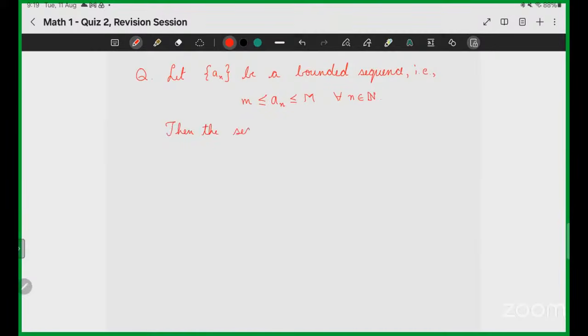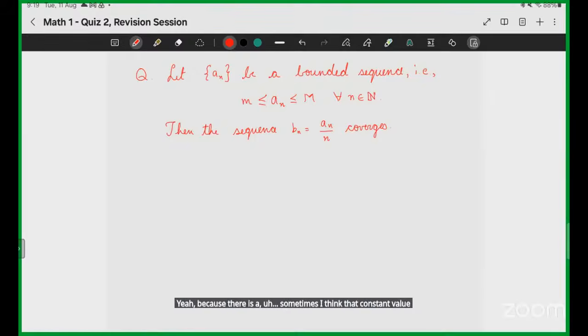Then the sequence bn equal to an by n converges. Can you see why? Just by definition, an is bounded in between this and this.